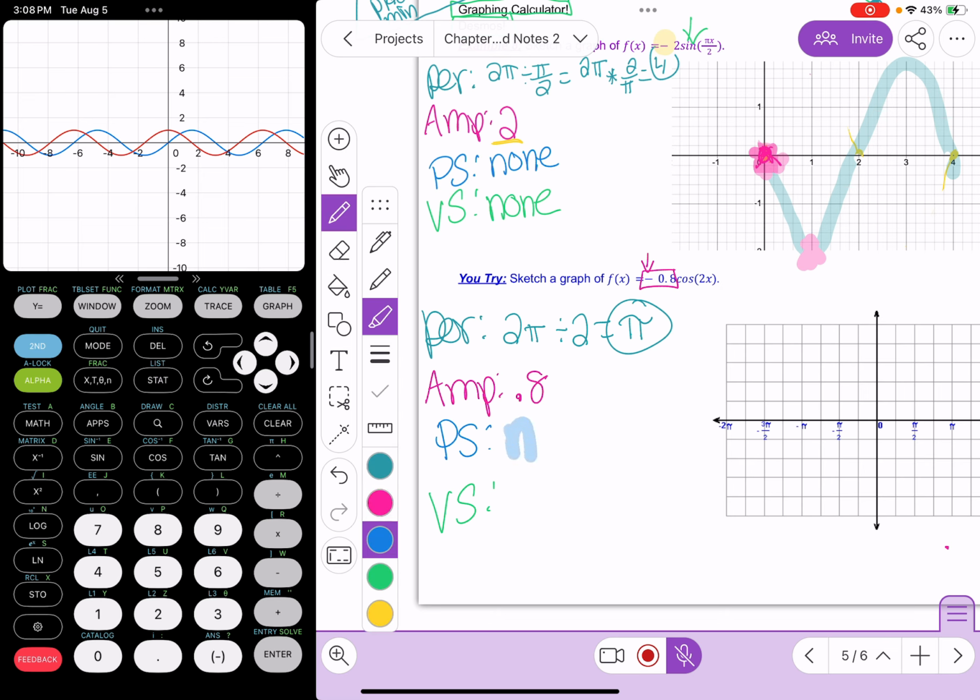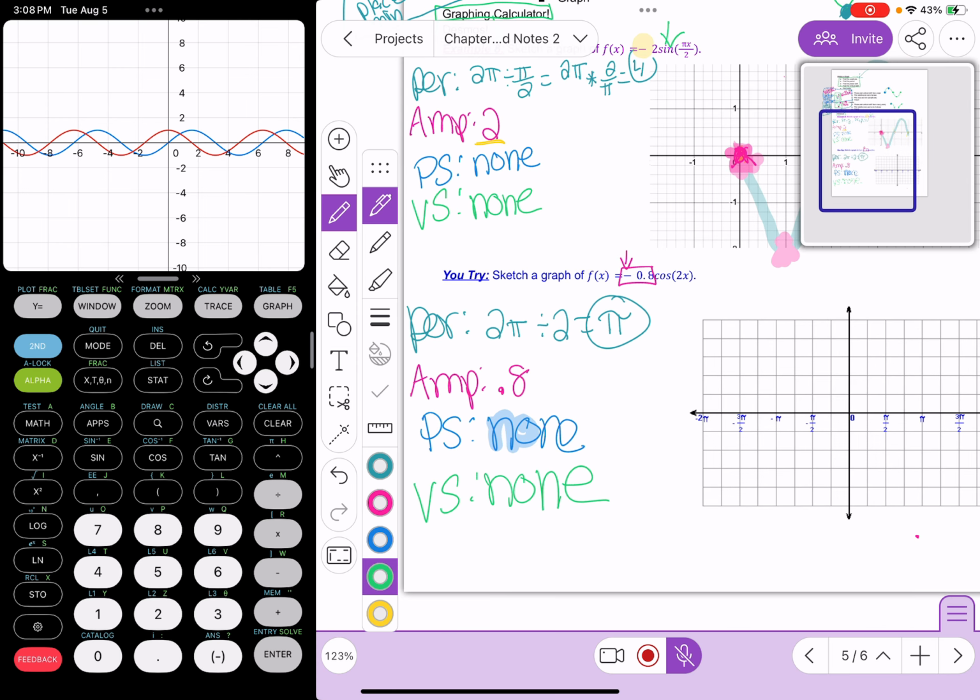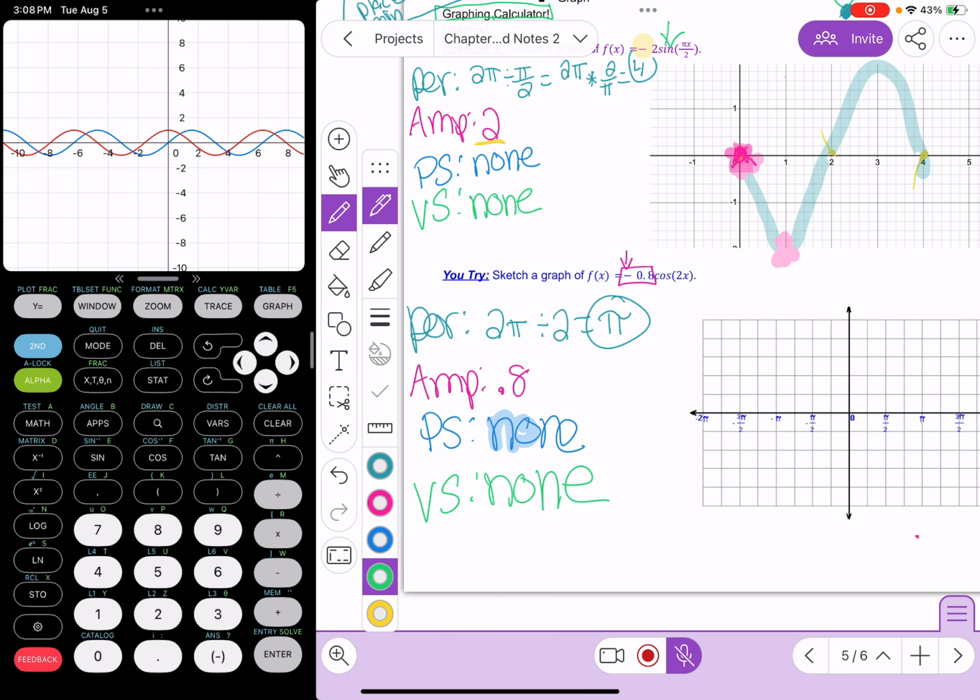Phase shift. There's nothing added or subtracted in the parentheses. Vertical shift. Nothing added or subtracted at the end. And we're doing cosine. So usually it's max to max, but because it's negative, it's min to min. So our amplitude is 0.8. So our minimum, if I say this is -1, our minimum's like 0.8.